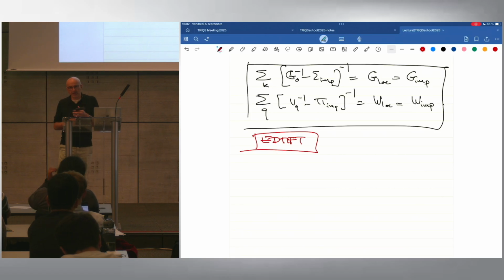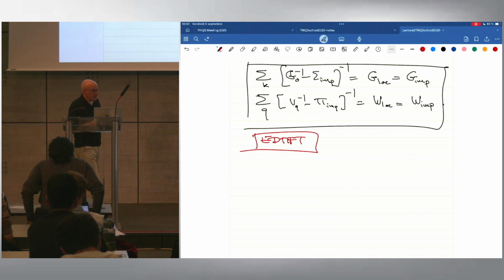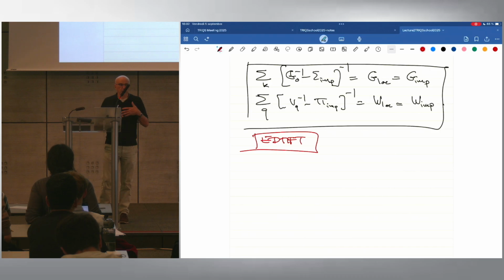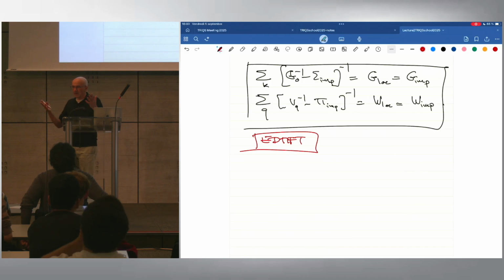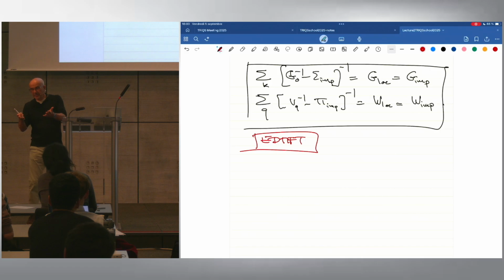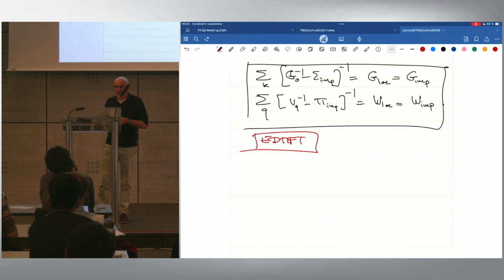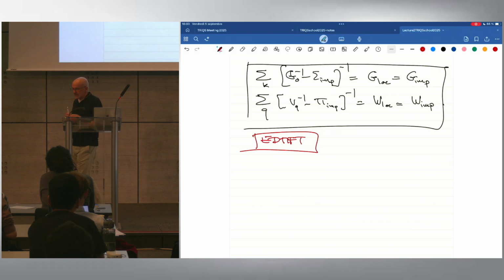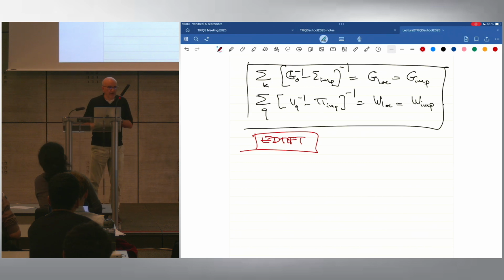So we need to extend EDMFT, or we need to combine EDMFT with an electronic structure method that can handle the Q and K dependent aspects of screening appropriately for all the bands. And we have such a theory. Such a theory is essentially RPA, a little bit glorified, in the sense that it is satisfactory to make RPA self-consistent, which I'm going to explain now, and that's called GW.